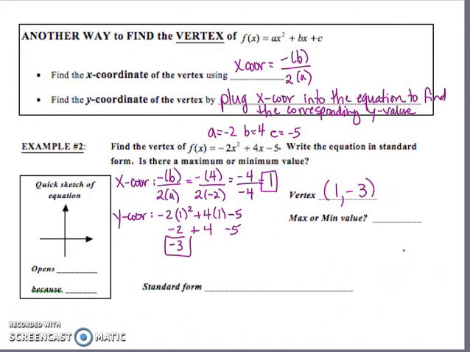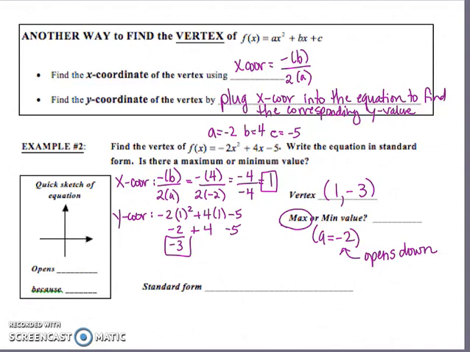Now we know for this equation that our a value is -2. Okay, that tells us, because our a value is negative, that our parabola is going to open down. And since our parabola opens down, this vertex for this parabola is going to be a maximum value.